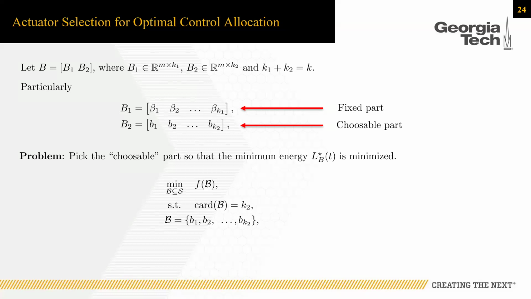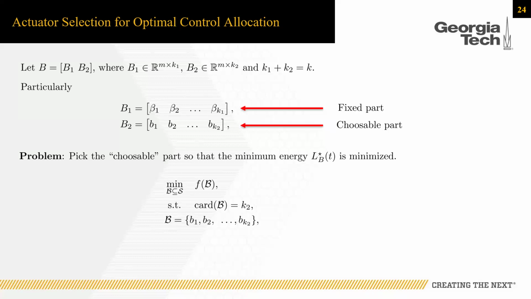So what I will do is I will pick B2 such that the optimal cost that you saw before in the previous slide, which involves the BW inverse B, right, is minimized. So I have to try to pick something that looks like before, okay? But of course, now I have the minimization problem.